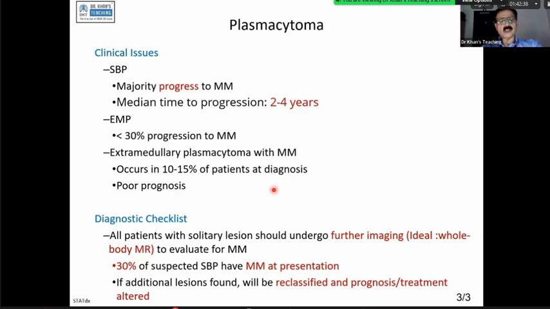The practical point is that the diagnosis of plasmacytoma is of course based on histology or biopsy. But if radiologically you are calling it a plasmacytoma, in the same breath you should ask for more imaging so that you can rule out multiple myeloma. Why do you want to do it? Because a plasmacytoma, with a median progression time of 2 to 4 years, actually becomes multiple myeloma. And in many cases, the presentation itself is multiple myeloma instead of a plasmacytoma.